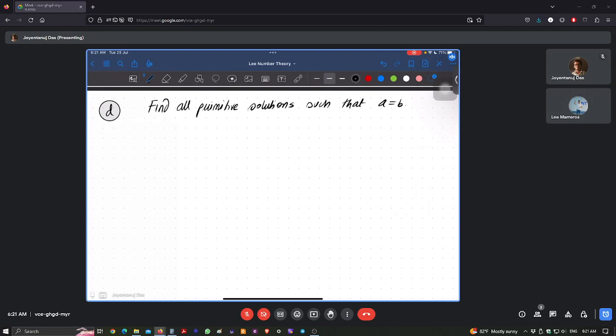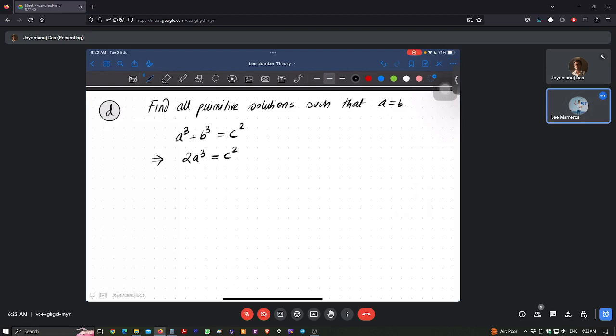Alright. So if A equals B, then our equation actually gets reduced, right? So I have A cube plus B cube equals C square. So if A equals B, then I have 2A cube equals C square, right? So this implies that C has to be even, right? Otherwise we don't have any choice.